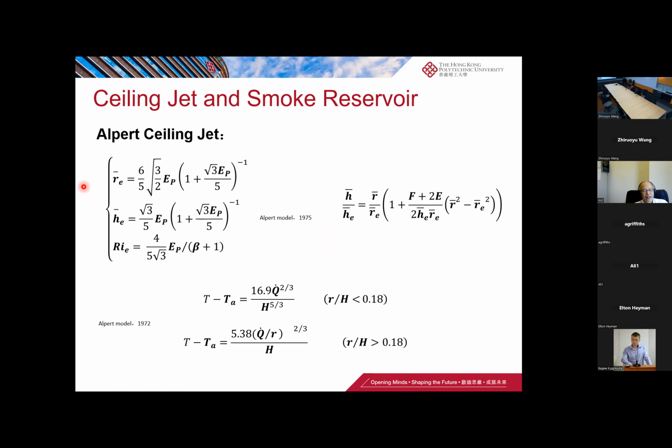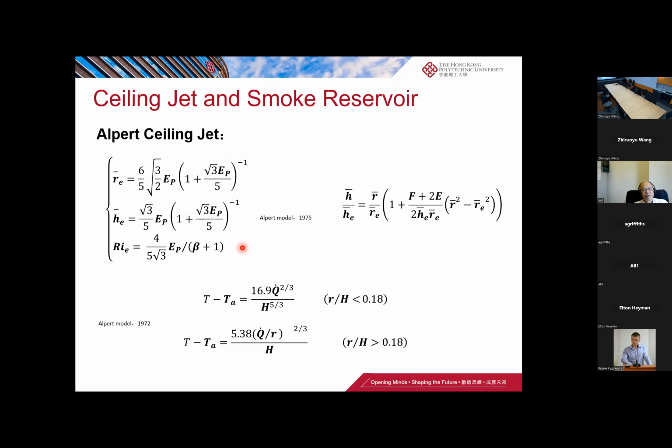And the left-hand side is actually the boundary conditions for the equation on the right-hand side. The boundary conditions express the situation of the smoke exit from the turning section, because the plume rises up vertically, hits the ceiling, and then turns around and spreads horizontally.